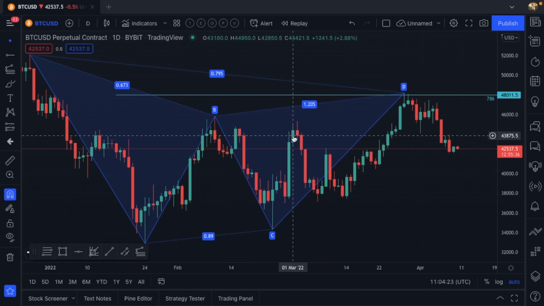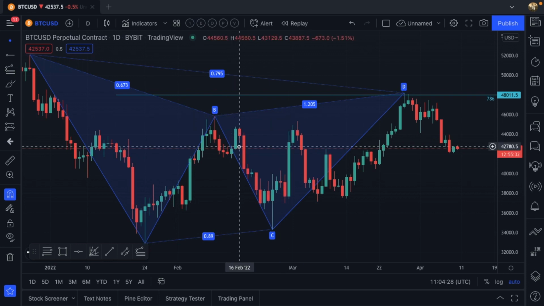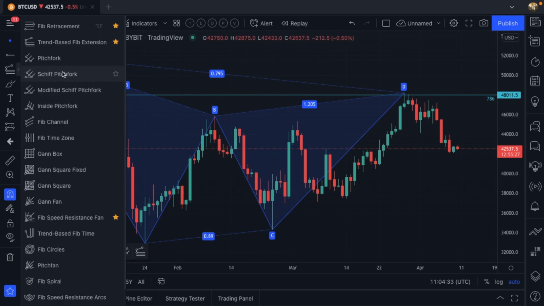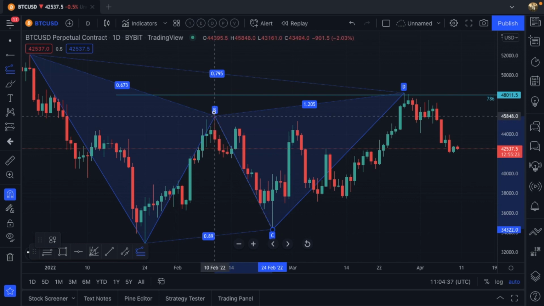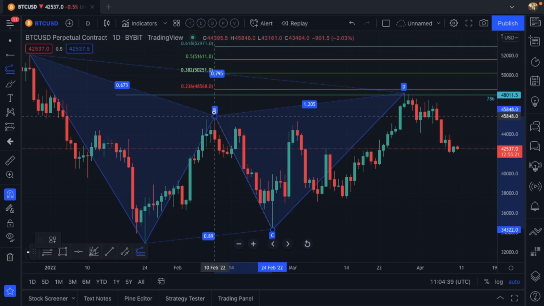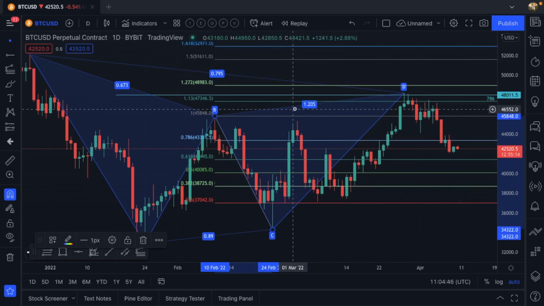It's distinct. It might not be a perfect ABCD pattern, but again, they very rarely are. So with our fib extension now, we are going to do an extension of the BC. So we start at the C, we take it back to the B, bring it back down to the C, and we've got a 1.13 just below the 786 and a 1.272 just above it.